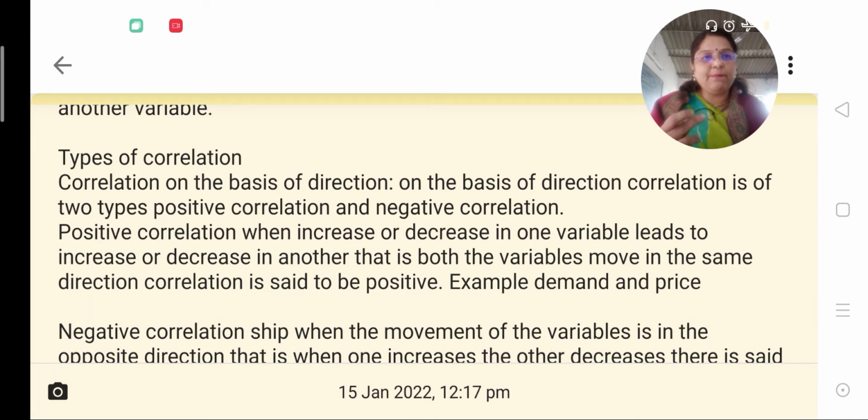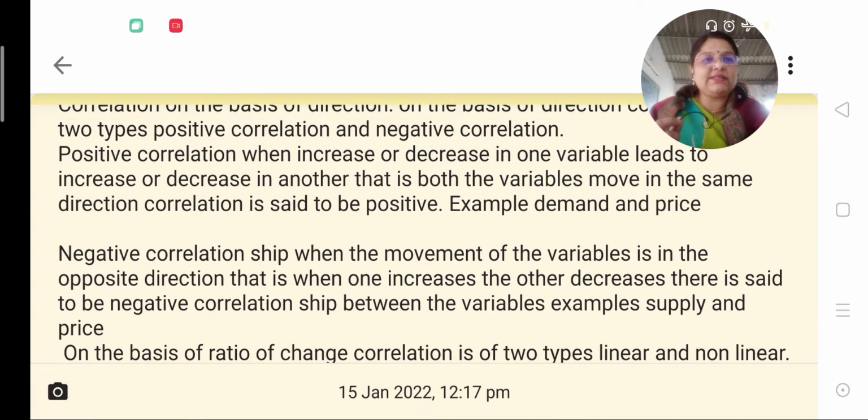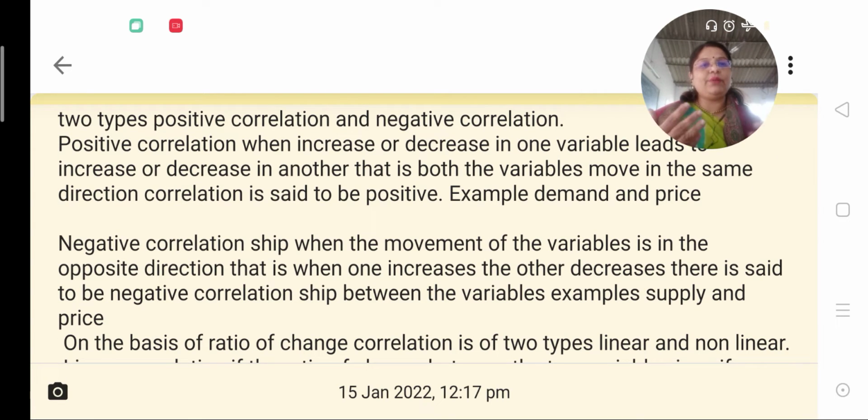Example, demand and price. Now, negative correlation is said to exist when the movement of the variables is in the opposite direction. Here, when we were talking of positive, one increases, other increases. One decreases, other decreases. So the movement was in the same direction. They either move up or they move down.